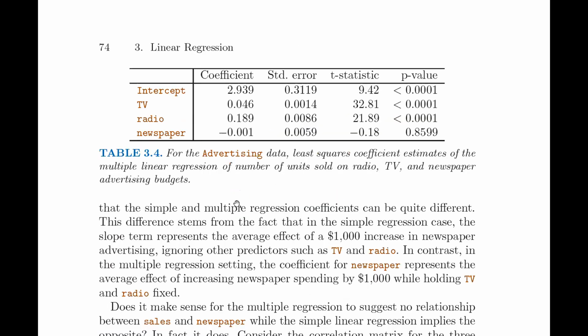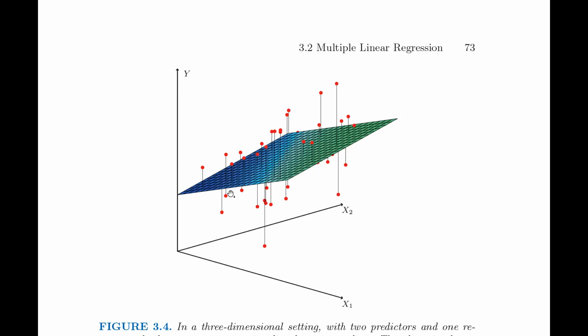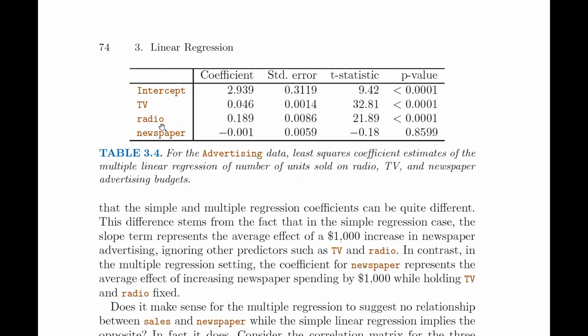In actual fact, now that we're allowing for more predictor variables, it would appear to be the case that now that we're allowing for radio, it's actually radio that's driving the sales and not newspapers. I'll give you a really simple example.